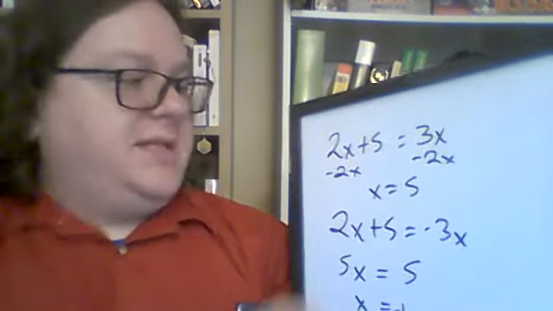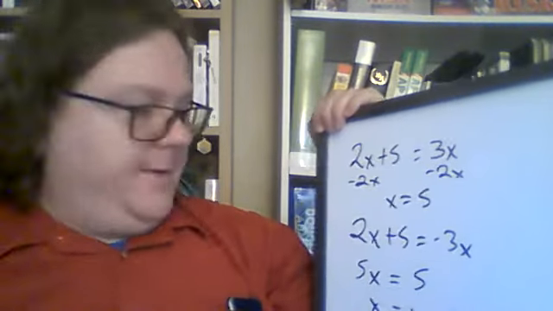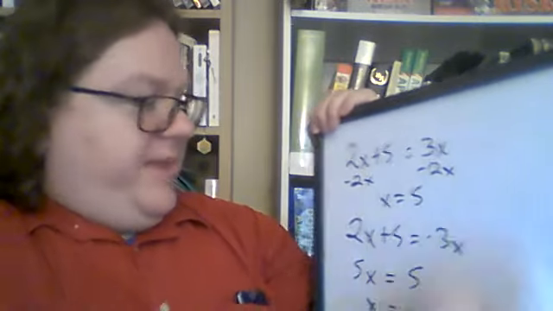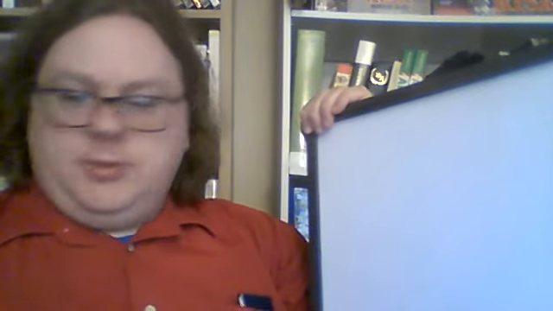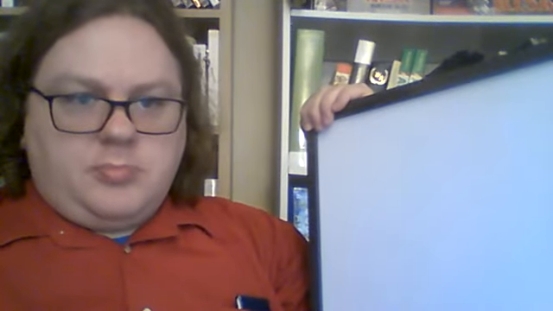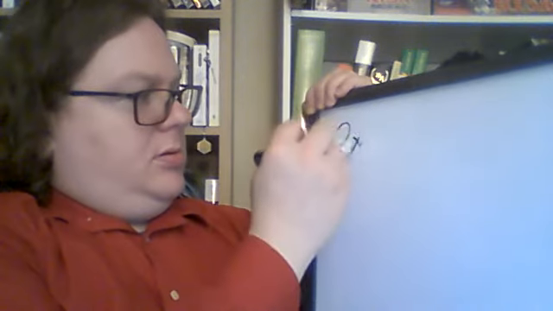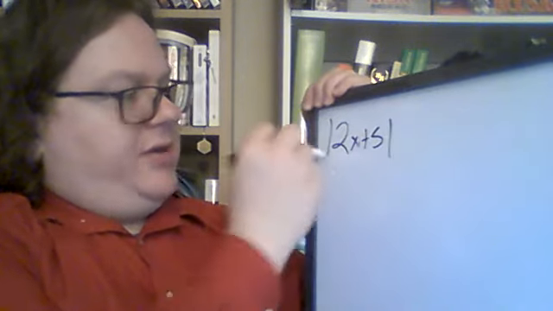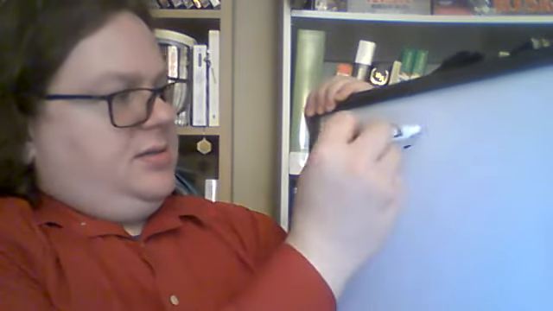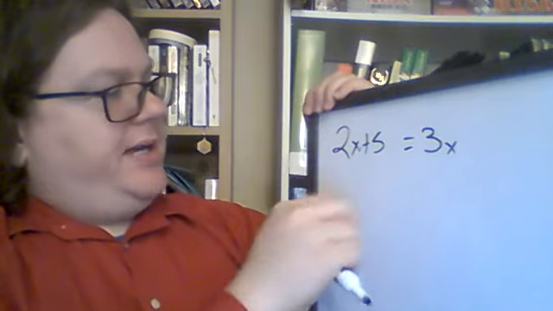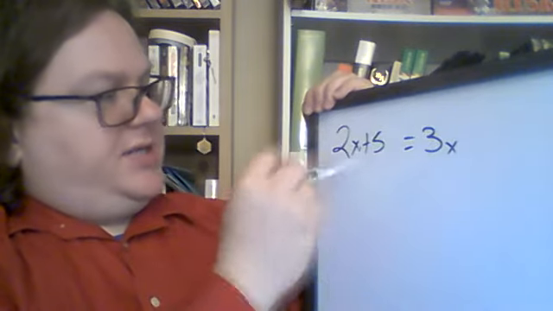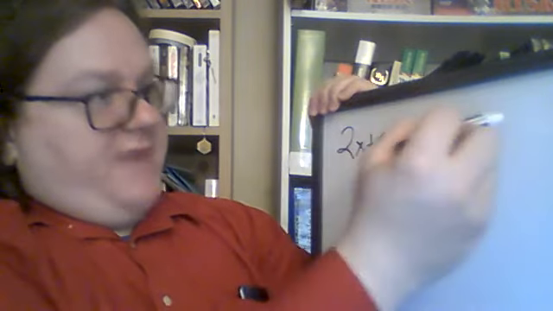Okay, here's why this is special. Let me follow this back through for a second. The absolute value of 2x plus 5 equals 3x. If I get rid of the bars and I just do 3x, then I'm going to get minus 2x, and I get x equals 5.